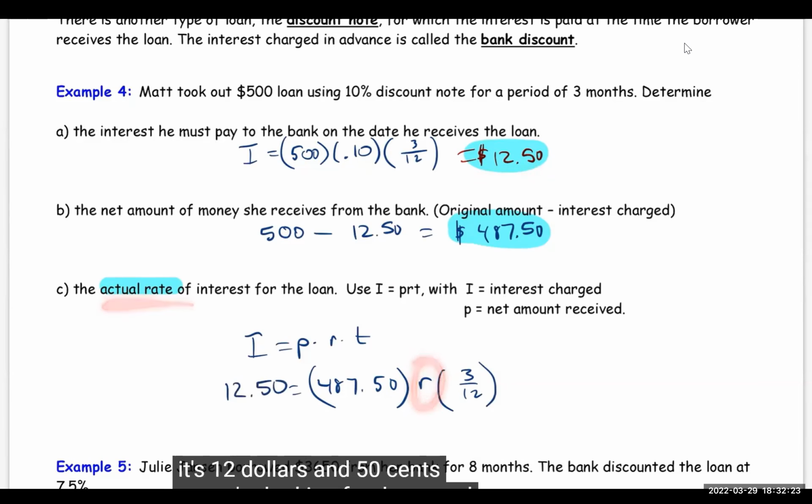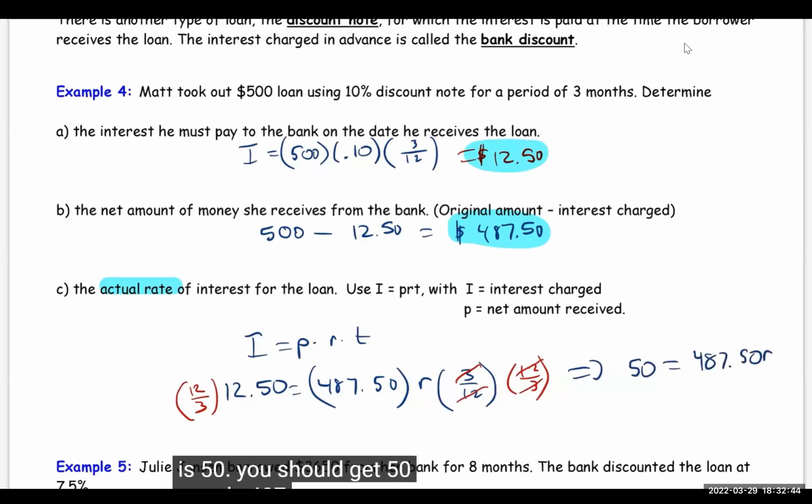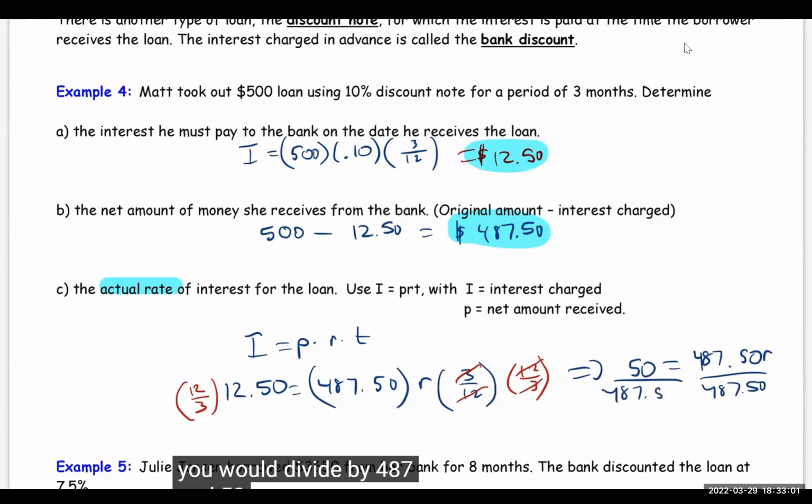So we're looking for the actual interest rate. I would multiply both sides by the reciprocal, which is 12 thirds, which is actually just 4. So if you multiply by 4, 12.50 times 4 is 50. You should get 50 equals 487.50 R. Then you would divide both sides of the equation by 487.50.